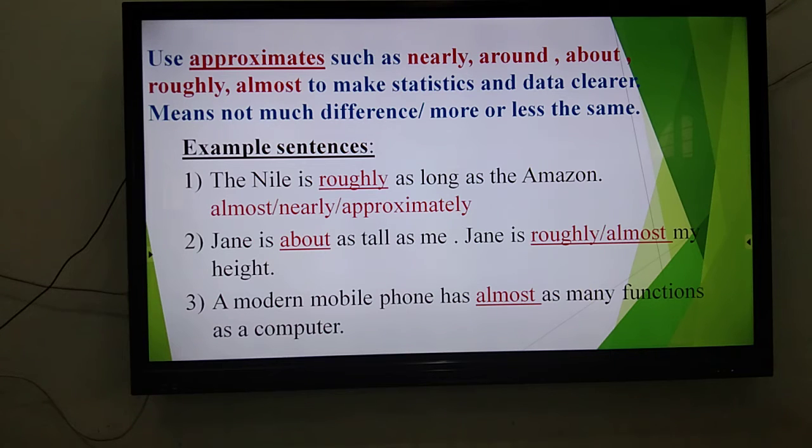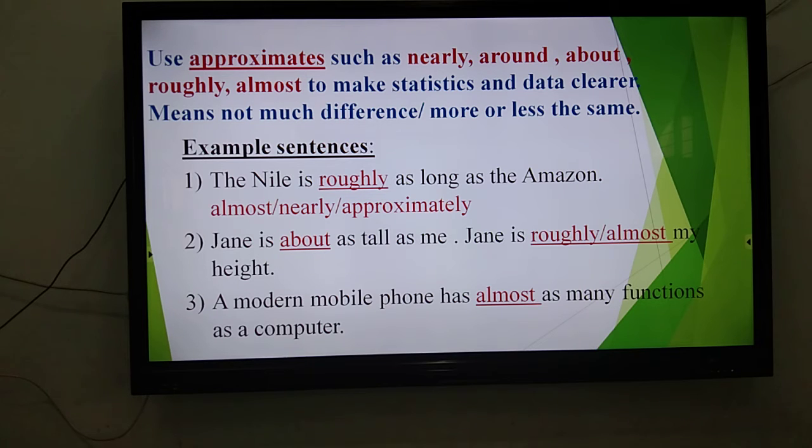Now we use approximates such as nearly, around, about, roughly, almost to make statistics and data clearer. It means that in that data there is not much of a difference, or more or less they are the same.